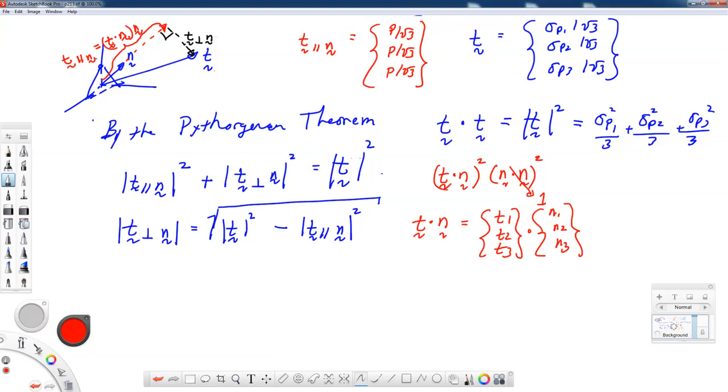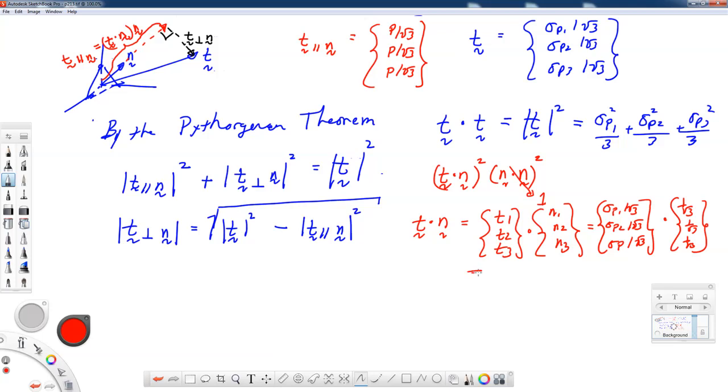And we had seen previously for our principal stresses, T1 was sigma P1 over the square root of 3, and sigma P2 over the square root of 3, and sigma P3 over the square root of 3. And then we dot it with our particular unit normal, 1 over the square root of 3, 1 over the square root of 3, 1 over the square root of 3.